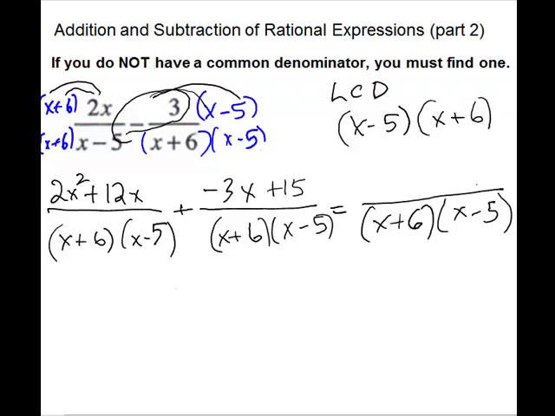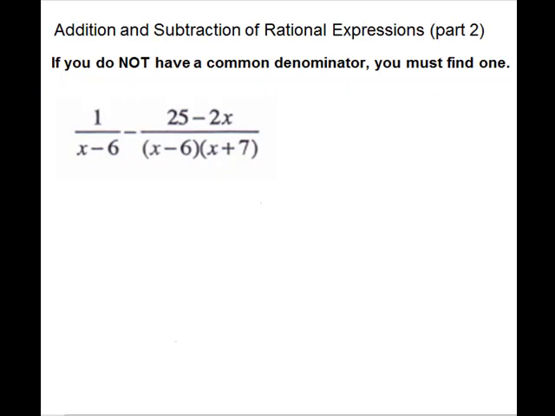So on the numerators, I have a 2x squared. I have 12x minus 3. Different signs, subtract sign of the larger. Would be a 9x plus 15. And we could try, but I did not get this one to factor to reduce.